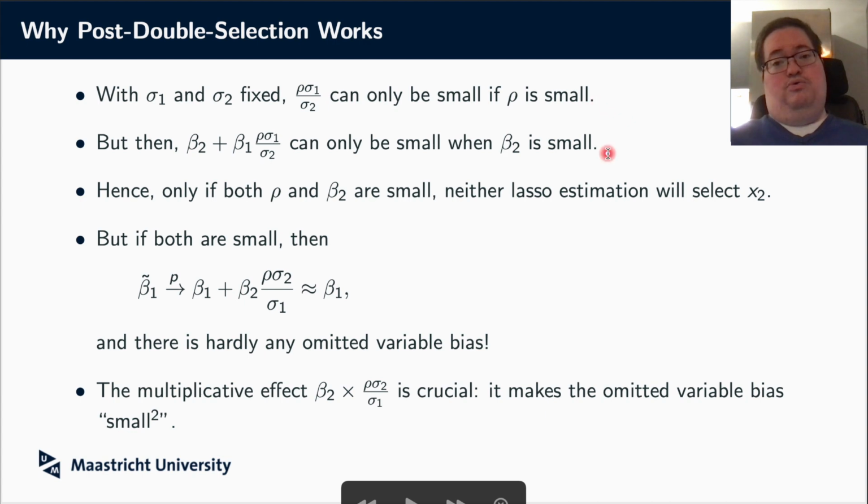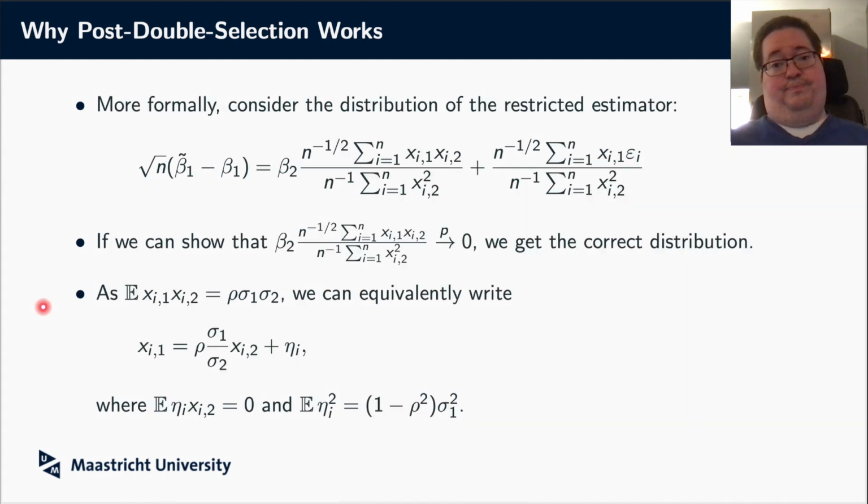But we check both, and we only kick x2 out if both of our checks actually fail to find non-zero coefficients. And because we do that, and it works with this multiplicative effect, we can reduce the omitted variable bias to such a small level, say small squared, that it will not affect our estimation anymore.